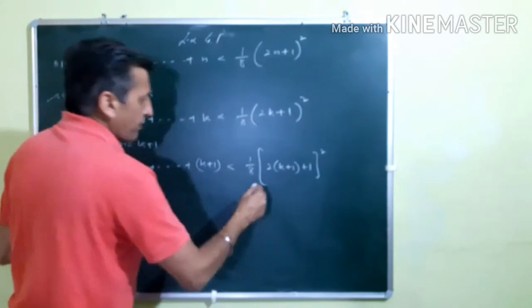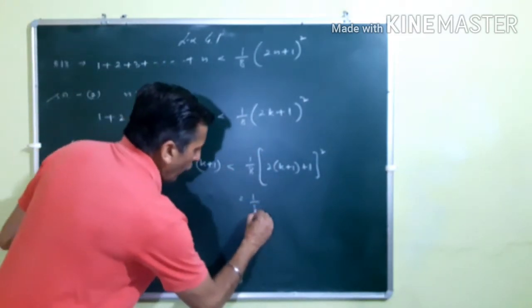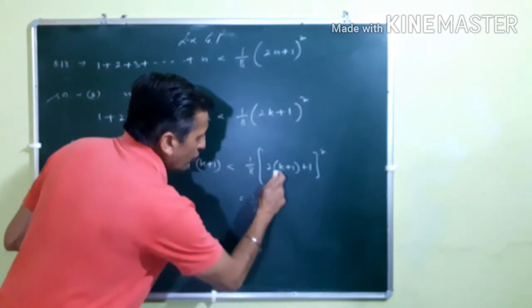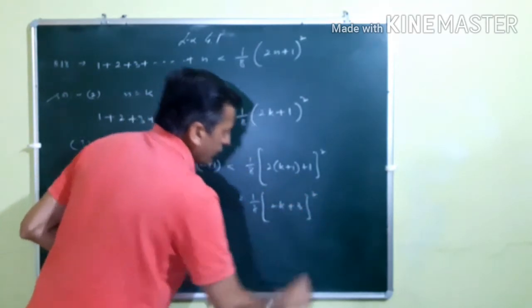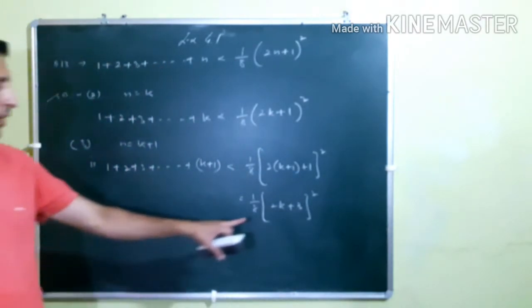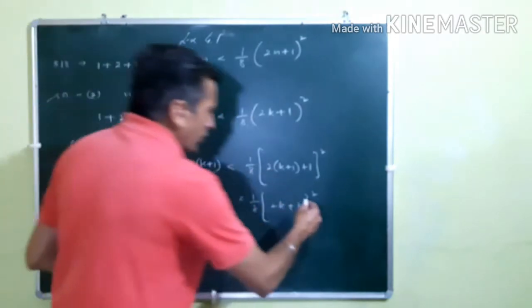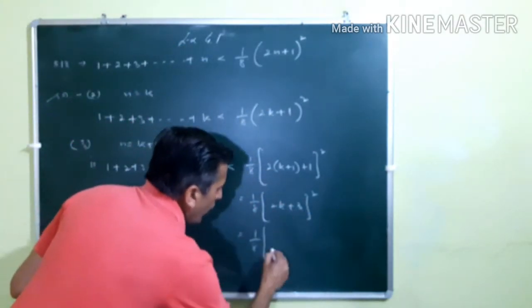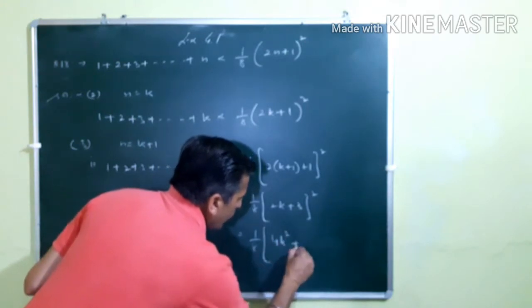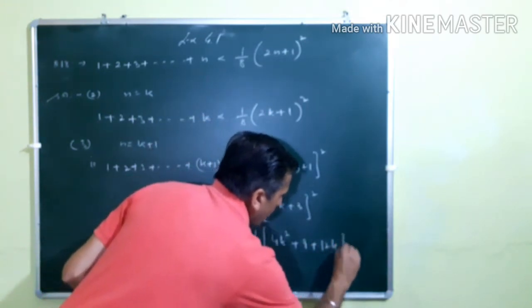Let us solve this one because that helps us later on. It's 1/8 (2k + 3)², that is 1/8 (4k² + 9 + 12k).